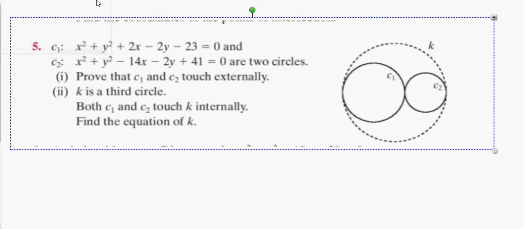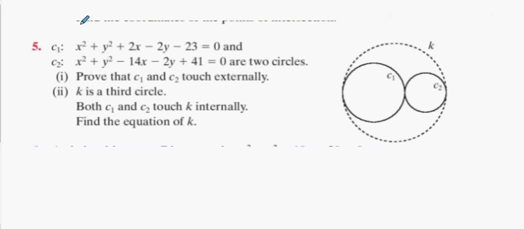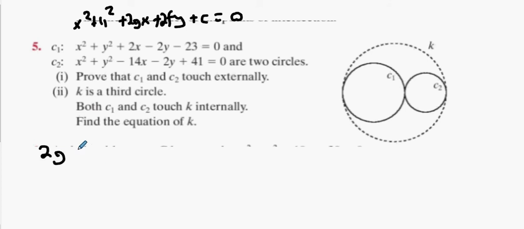So I'm going to use x squared plus y squared plus 2gx plus 2fy plus c equals 0. For circle 1, what's the g value? 2g equals 1.